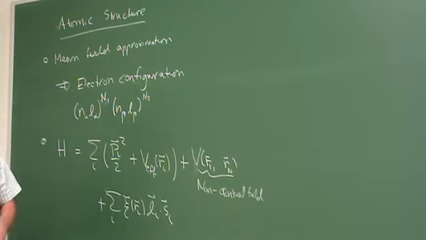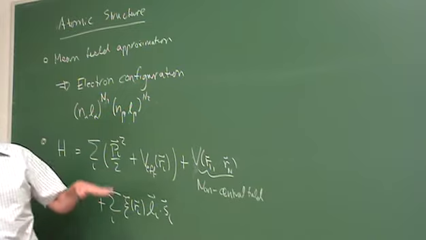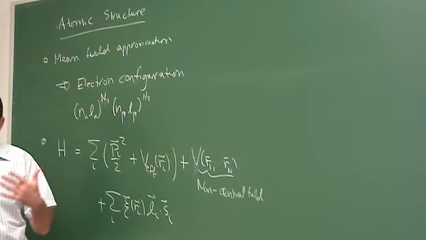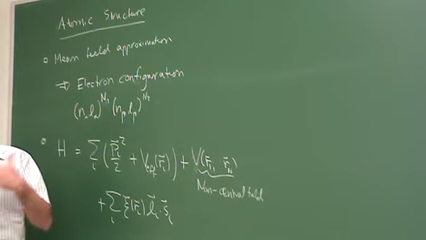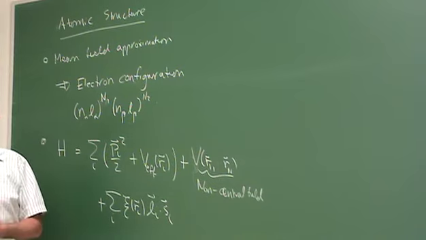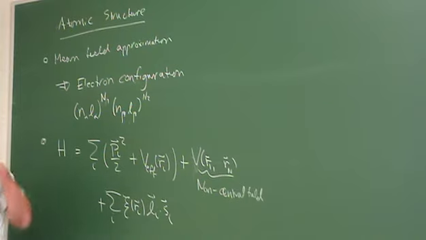We didn't actually calculate what the strengths of those perturbations were, but we described, depending upon which of these perturbations were big, what the effective good quantum numbers describing this many electron state would be. At this level of description, the only really good quantum number is the total angular momentum, J, and then some projection along some axis. But what the other good quantum numbers are depends on the level of description.